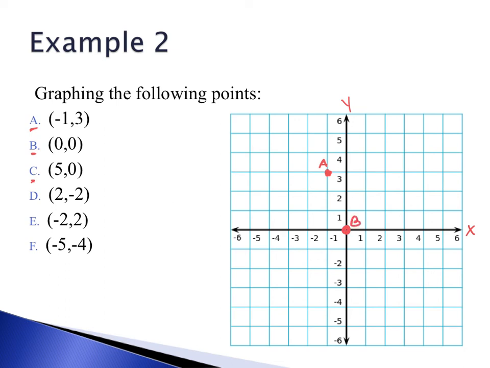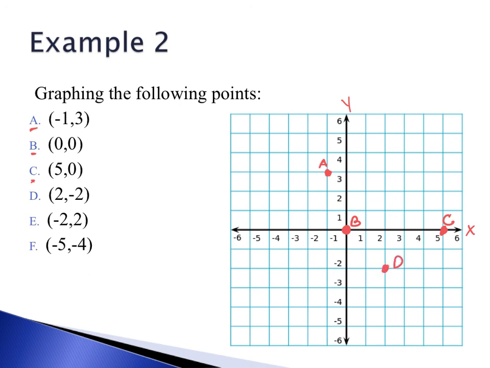Point C is 5, 0. So that tells me I go +5, or to the right 5 on the x-axis. And 0 means I'm not going up or down in the y direction. So that's C. D is 2 to the right, and -2 means I'm going down 2 units on the y-axis.